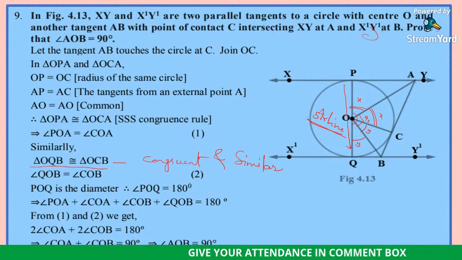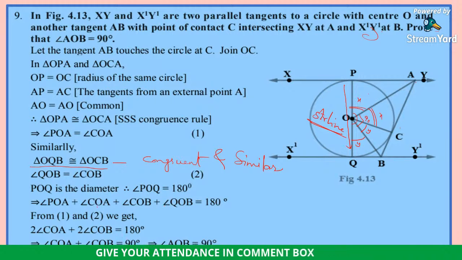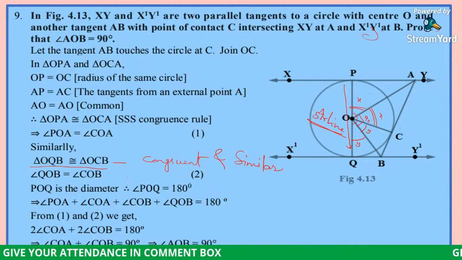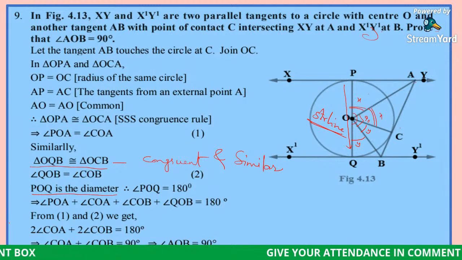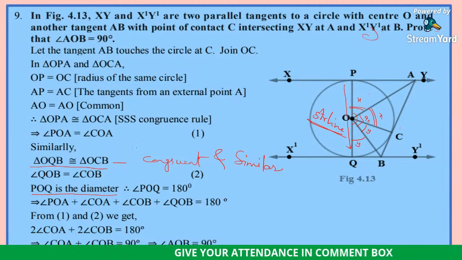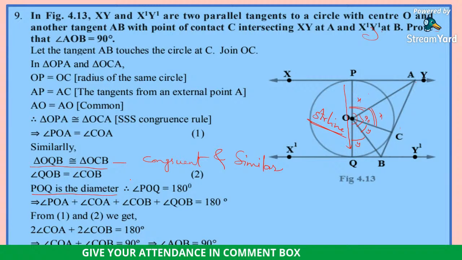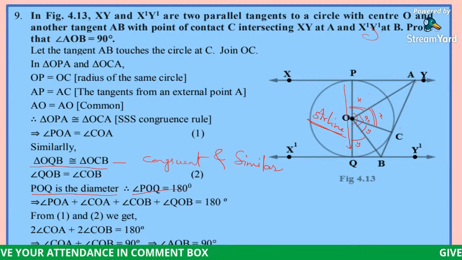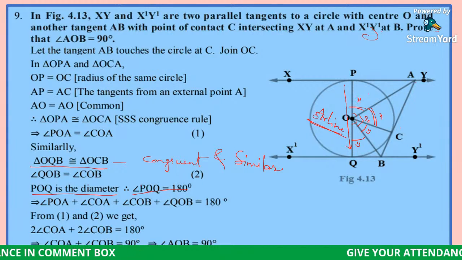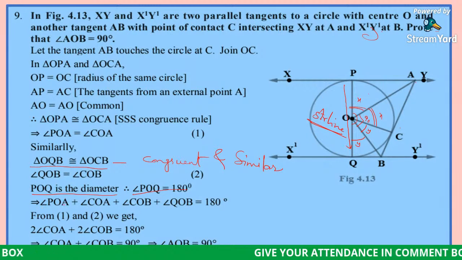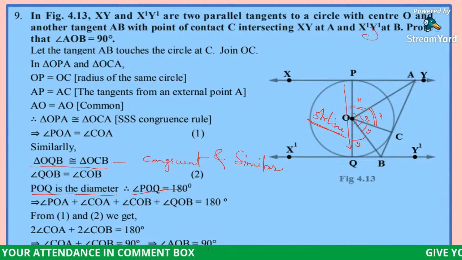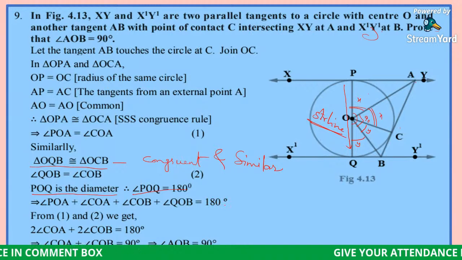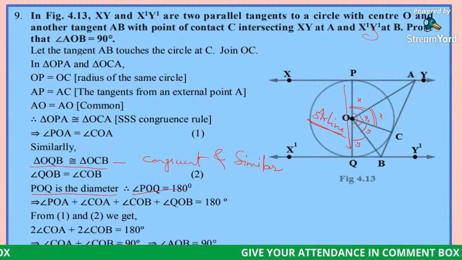Just simply, if you see in the figure, POQ is a diameter, and the sum of angle POQ is 180 degrees, and this POQ includes angle POA. POA plus angle COA plus COB plus QOB is equal to 180, isn't it?